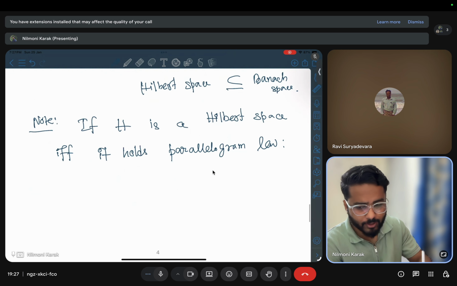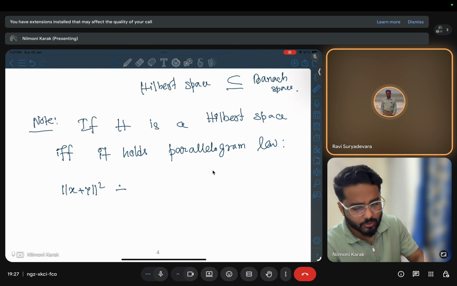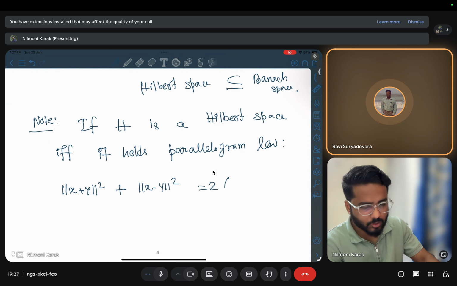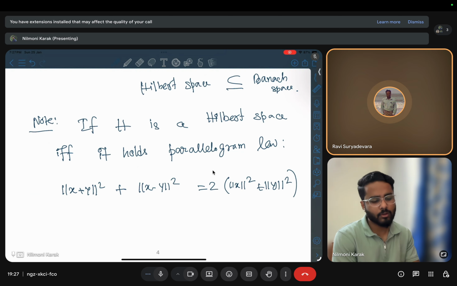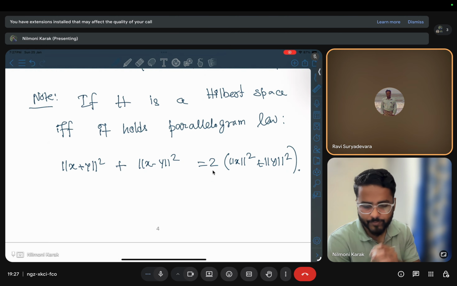What is the parallelogram law? It is a law of vector addition, where two vectors are added and the diagonal represents the sum of the two vectors of a parallelogram, if the sides are the vectors.